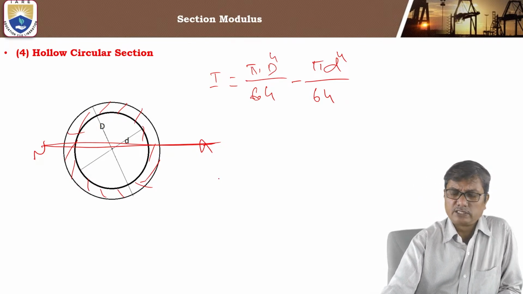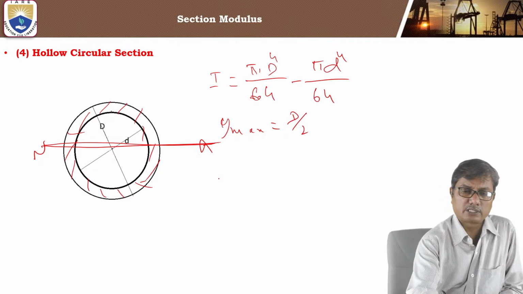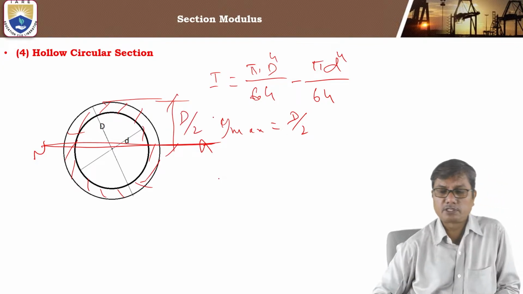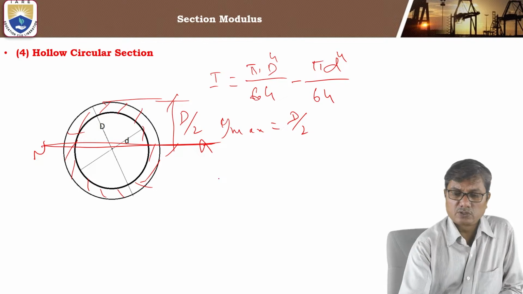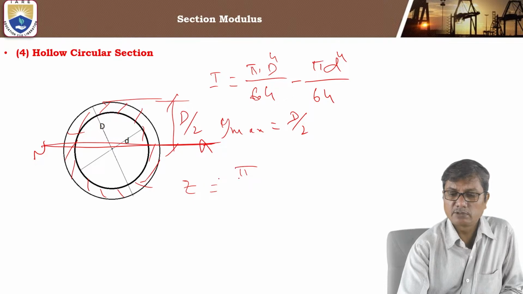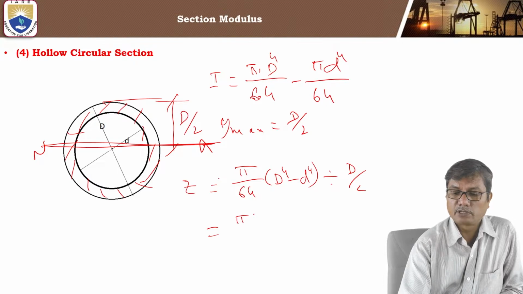The maximum fiber distance to the extreme fiber, y maximum, is capital D by 2. So the section modulus is I by y maximum again, that is pi by 64 into capital D power 4 minus small d power 4 divided by capital D by 2. So it comes out to be pi by 32D into capital D power 4 minus small d power 4.